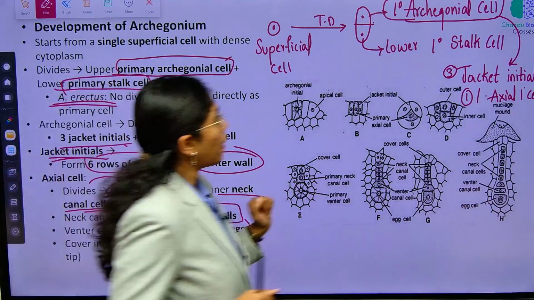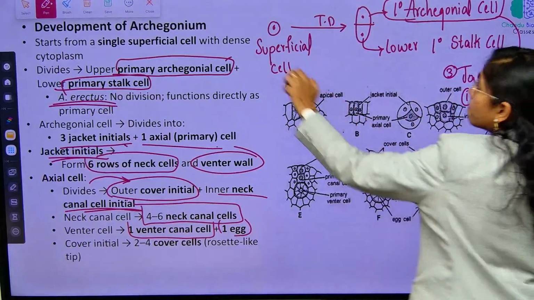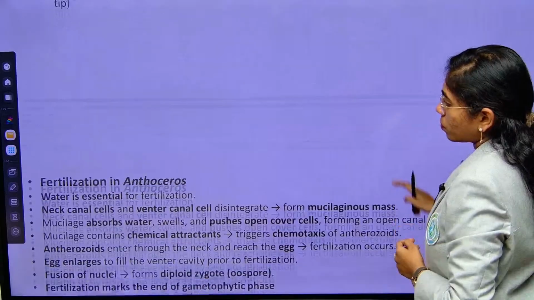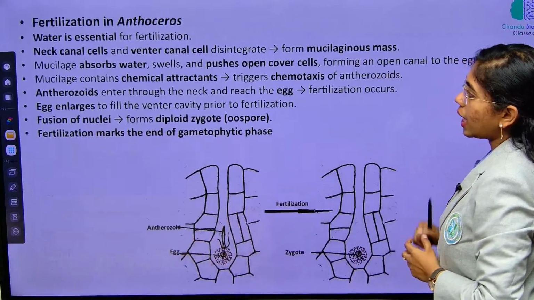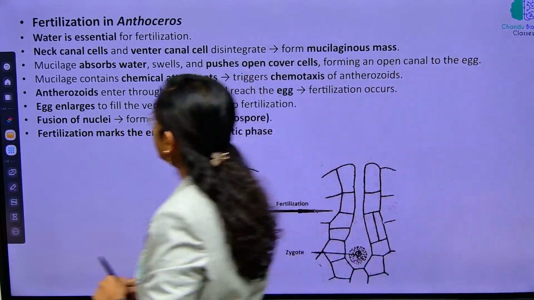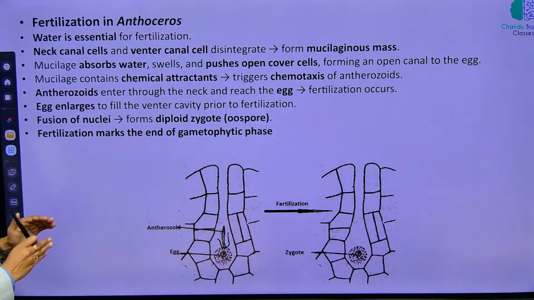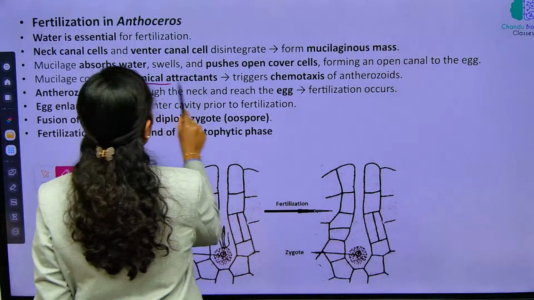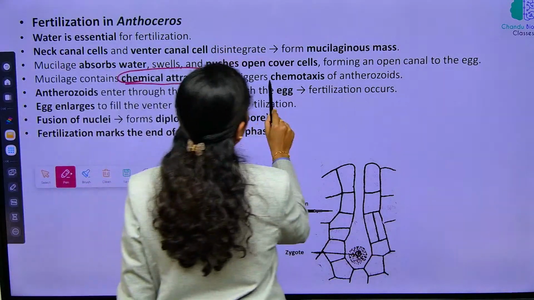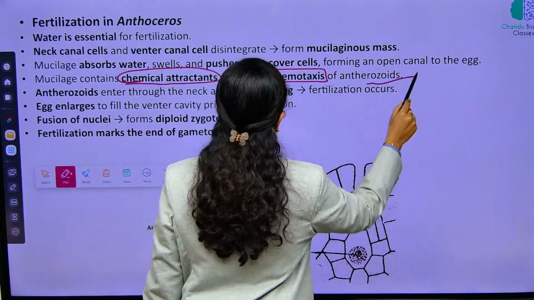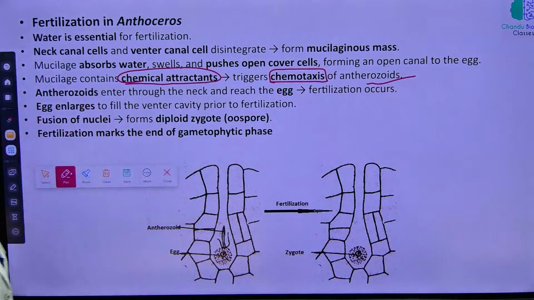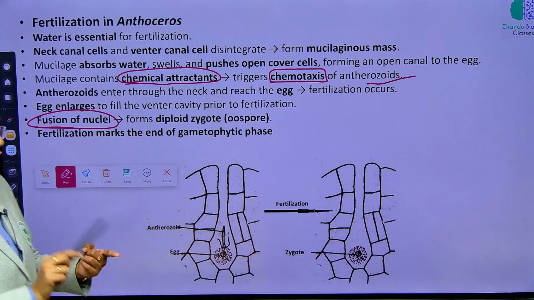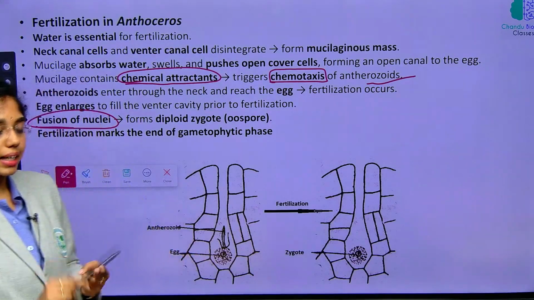And now, fertilization in Anthoceros. As I told you, the archegonium is covered by mucilaginous core and this will release out chemical attractants and this will trigger chemotaxis of antherozoids. Thereby it will reach the egg cell, and after fusion of the nuclei between antherozoid and the egg cell present inside the archegonium.